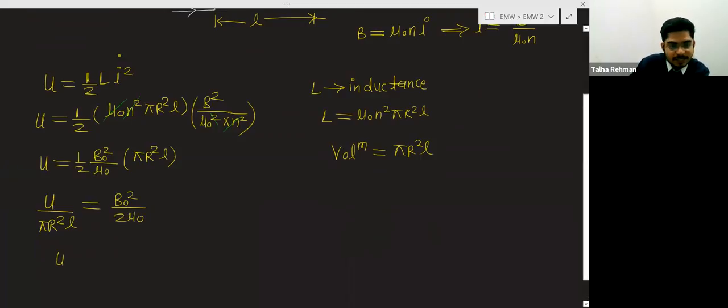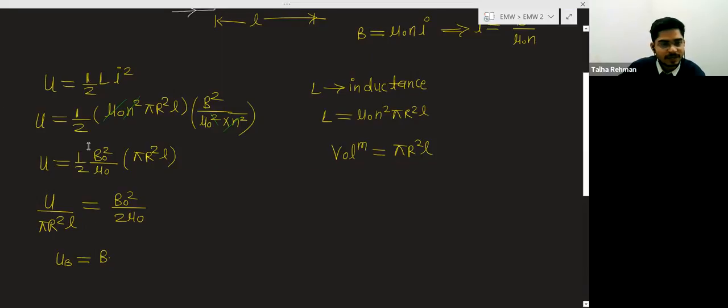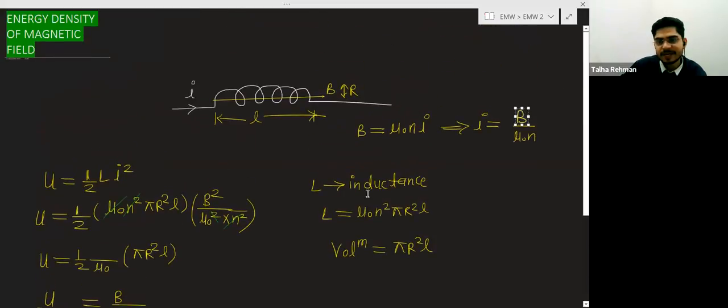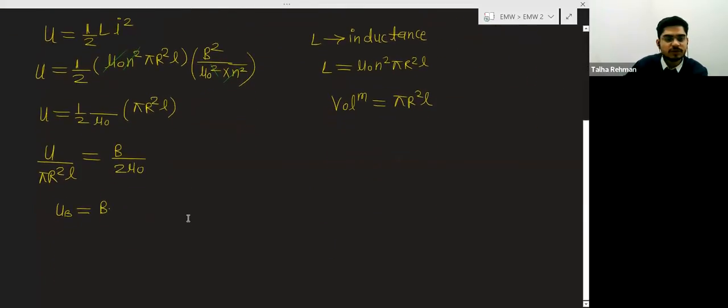So energy density of the magnetic field is equal to B naught. Oh, from where I have written V naught? Basically, this is B only, because this is the magnetic field in the inductor. So this is only B square.